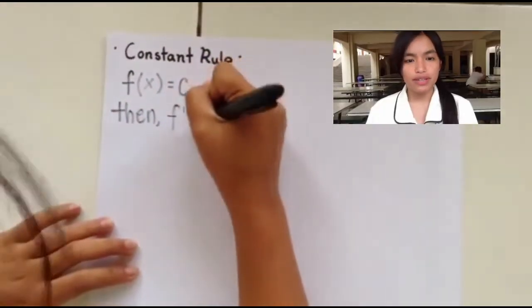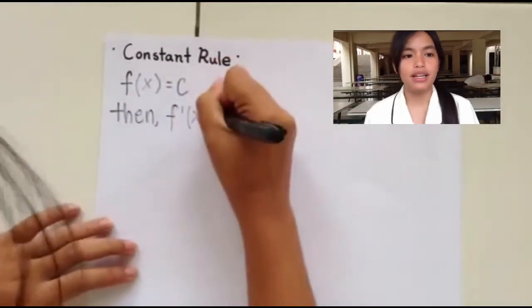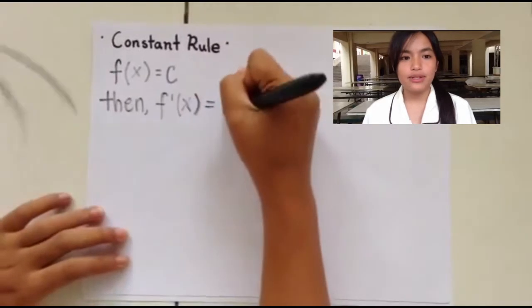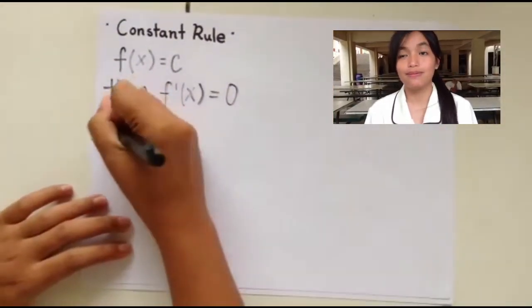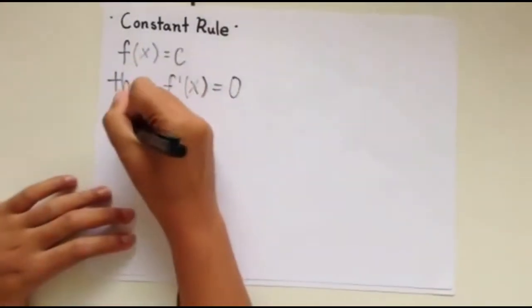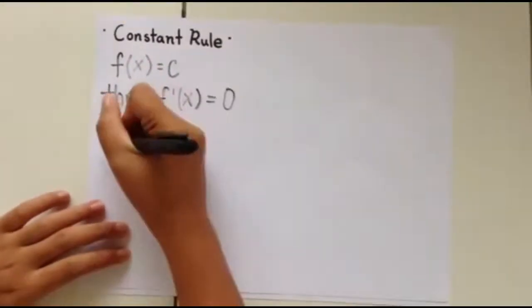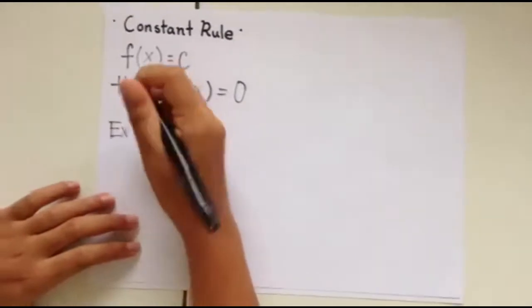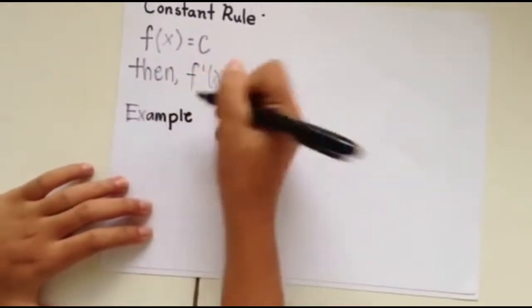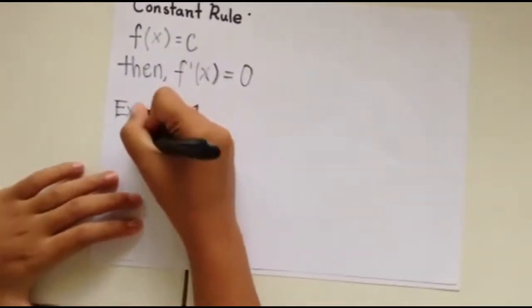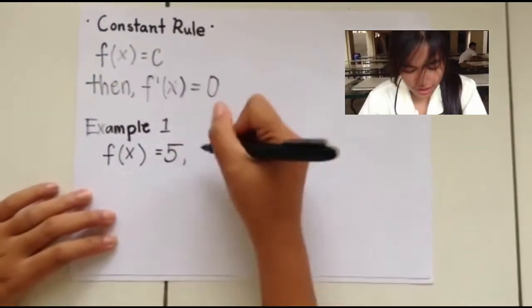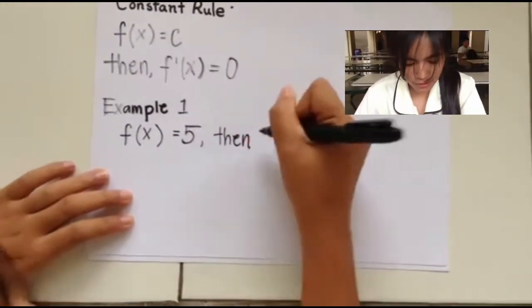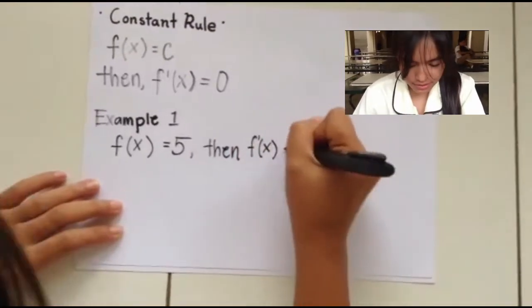So the first rule of derivatives is the constant rule. If f of x is equal to c, then the derivative of the function is 0. For example, if f of x is equal to 5, then f prime of x is equal to 0.